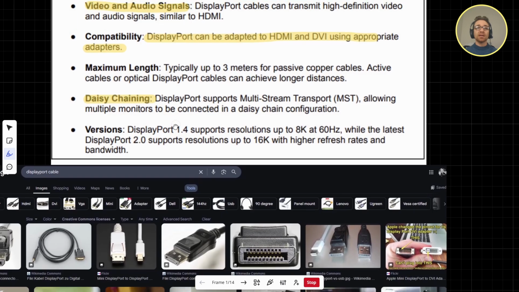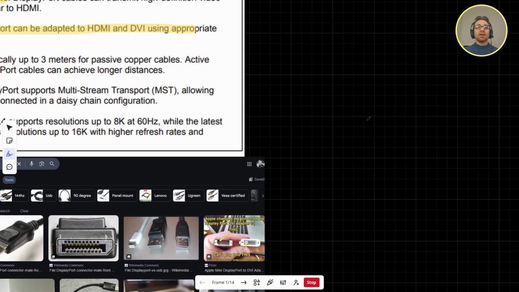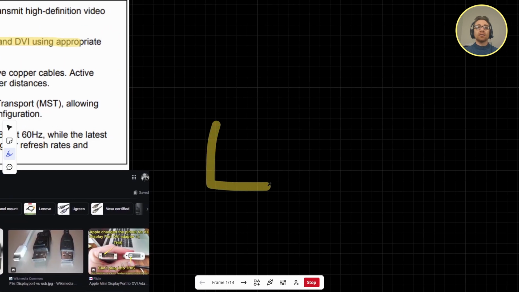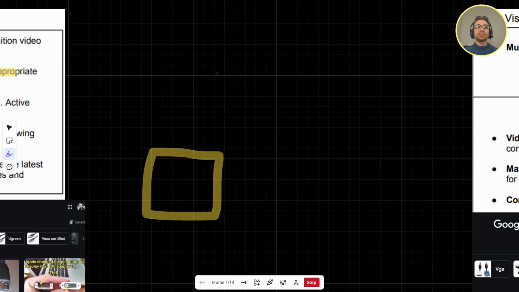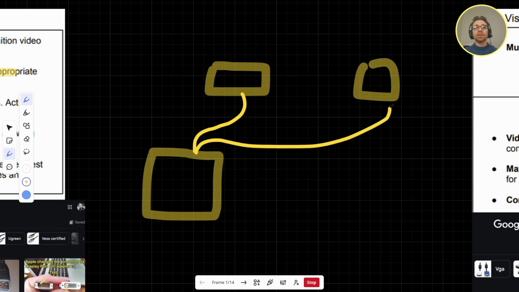So what that means is, how do I explain that? If I have my computer here, and then I have a monitor here, and then I have a monitor here, normally with any other cable, I'd have to have one cable coming out of my PC here, and another separate one coming out here.